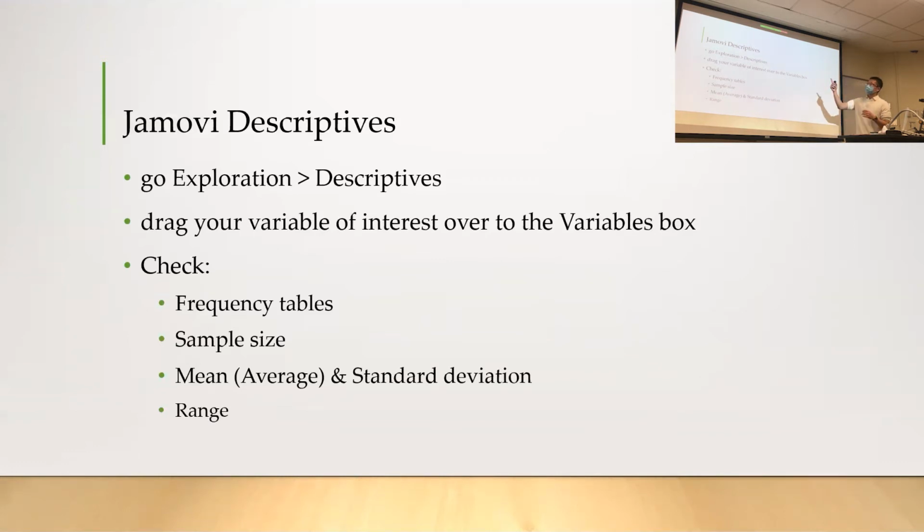So in Jamovi, in order to get descriptives, you can go to exploration and then go to descriptives. You will drag your variable to the variable box, let's say age. If you are interested in the average age of your sample, you just drag age to descriptives. And then you will check frequency, sample size, mean, standard deviation, and range. And then it will spit out a table to tell you all that information.